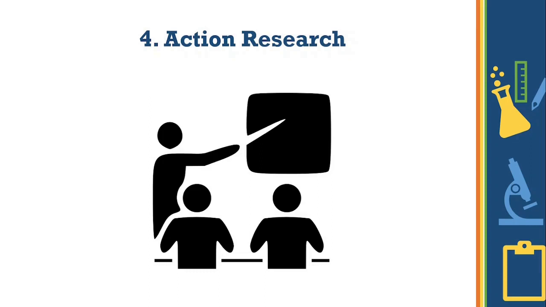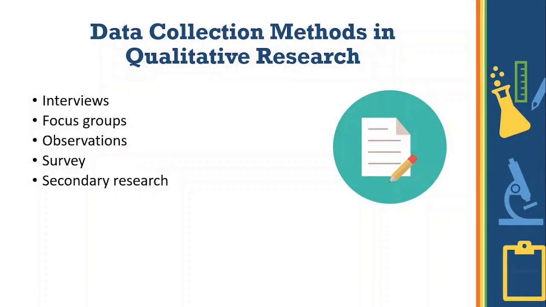A researcher is able to work with the subjects or with the participants of the study in a collaborative manner to connect the theory to the actual practices. So, for example, a classroom where both a teacher and students, the teacher being the researcher and students being the participants, work collaboratively to link theories to the actual practices is a good example of what an action research is. So, how is data collected in qualitative research?